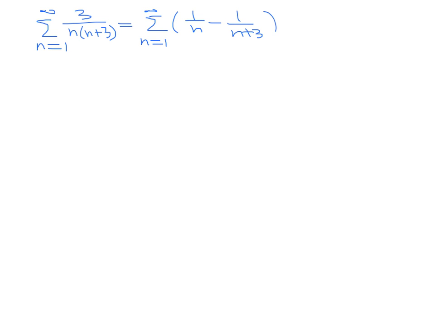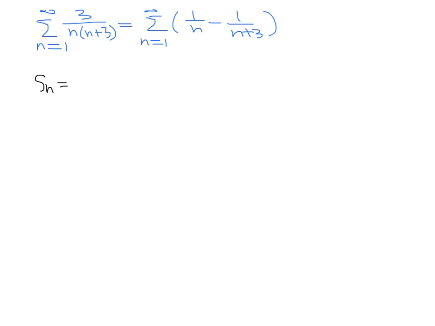So using that information, we can express the sum from n equals 1 to infinity of 3 over n times n plus 3 as a sum from n equals 1 to infinity of 1 over n minus 1 over n plus 3. So let's find an expression for s sub n.